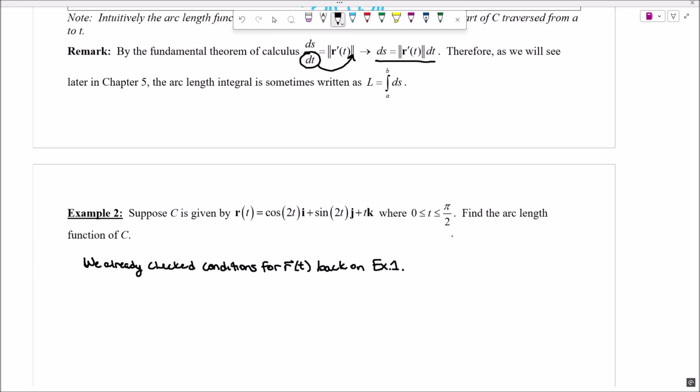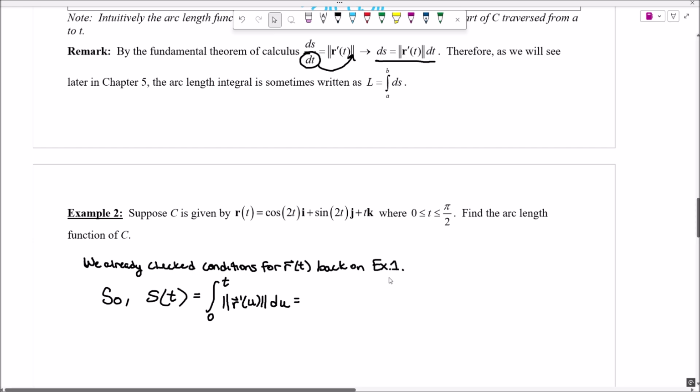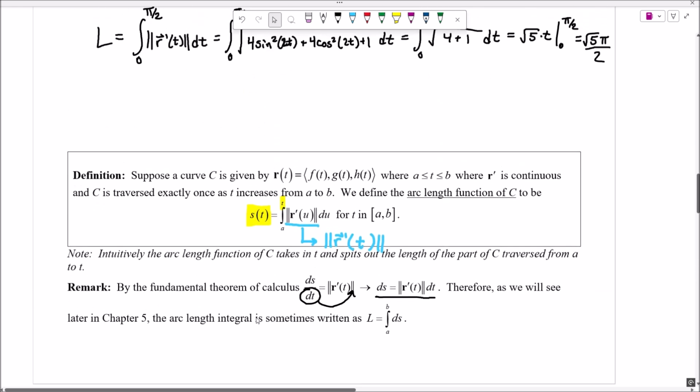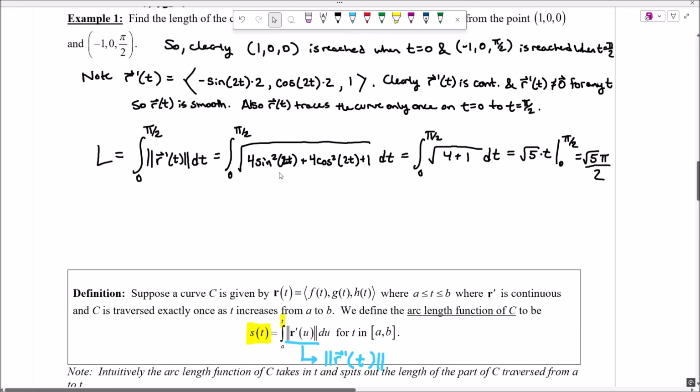So I'm not going to repeat all of that here. But now it should be really easy to find the arc length function. Notice I'm going to label it s of t, and that means I'm going to go from 0 up to t. So again, I'm leaving that upper bound as yet to be determined. And then I'm going to go here and just do the norm of r prime of, I'll use the variable u, du. Now fortunately, I already did a lot of this work back in the last example. Whether I refer to the variable on the inside as u or as t, I still know that I'm going to get a radical that looks like this.